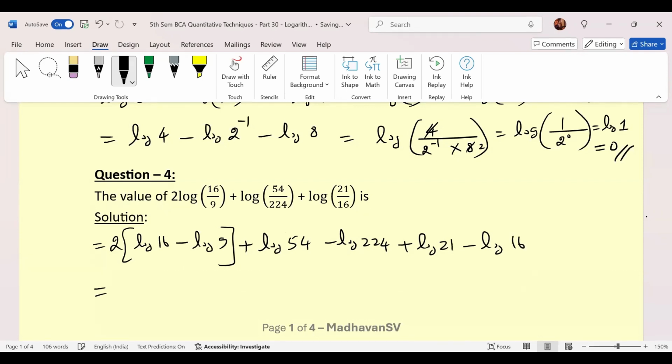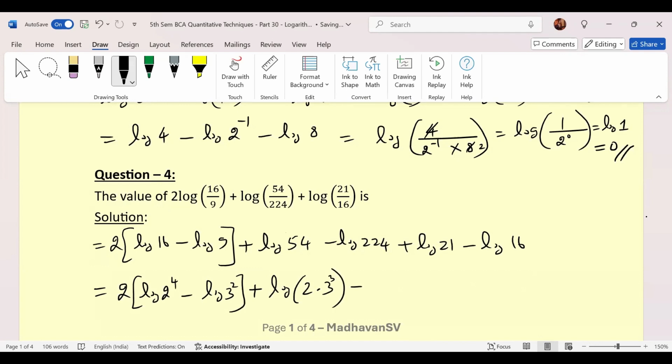This is nothing but 2 times log 16. 16 can be written as 2 power 4 and 9 can be written as 3 square. 54 is nothing but 27 into 2. 27 can be written as 3 cube. So logarithm of 2 into 3 cube.